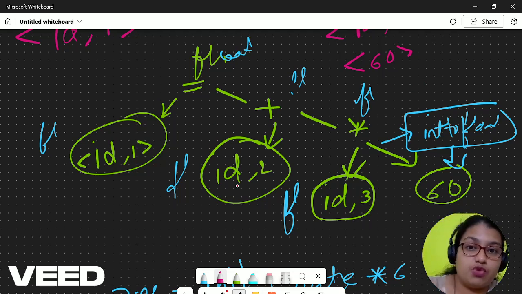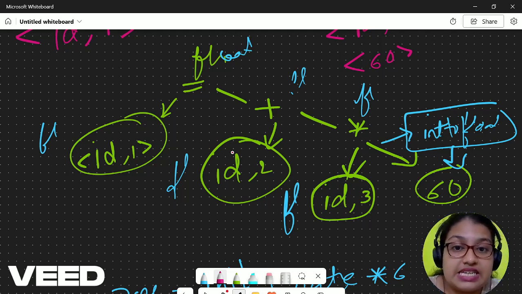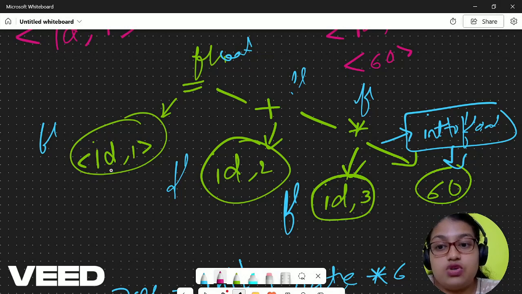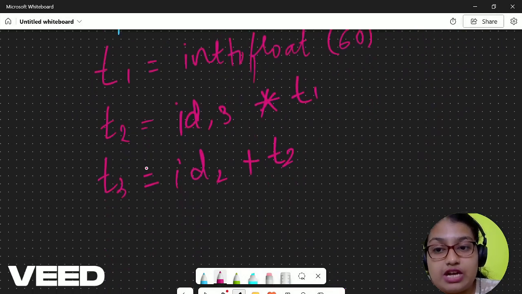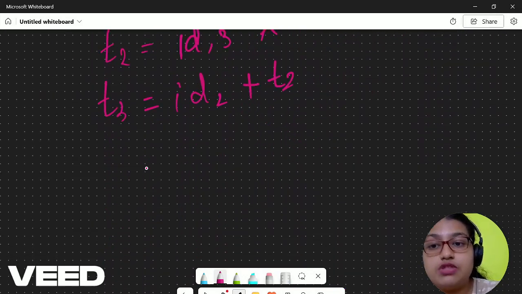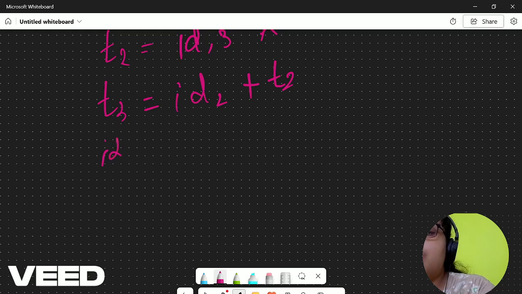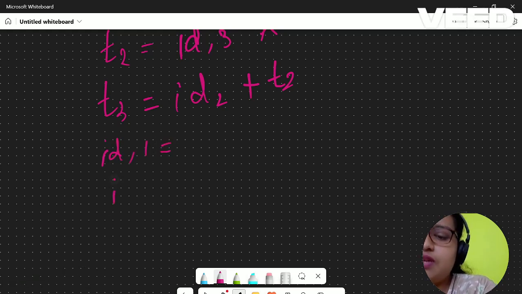Whatever is on the right hand side, I have all those things. Now only the left hand side is left, which is id1. I need to assign it to id1, so I don't have to bring in another variable for that. I can just use id1, and you can write id comma 1 or id1.